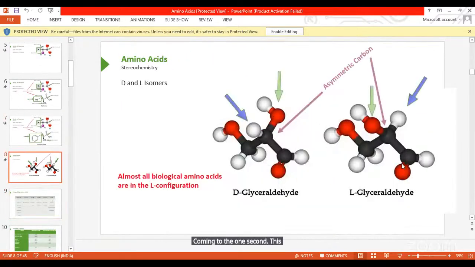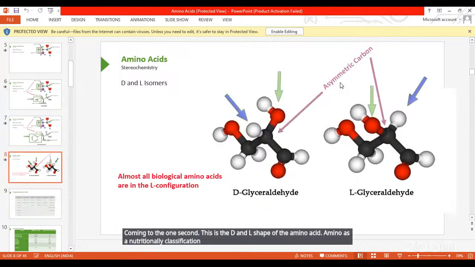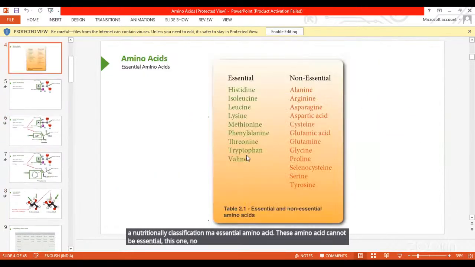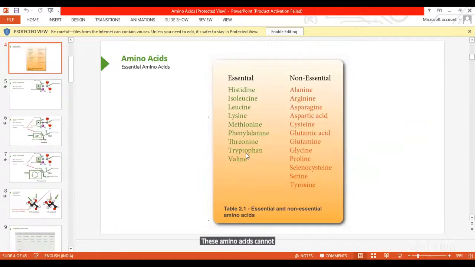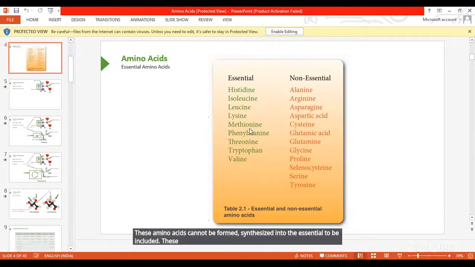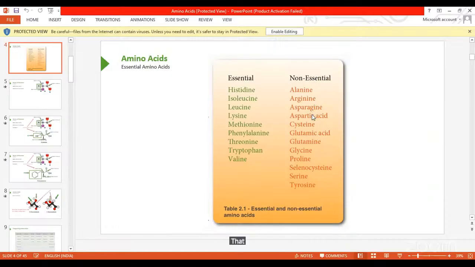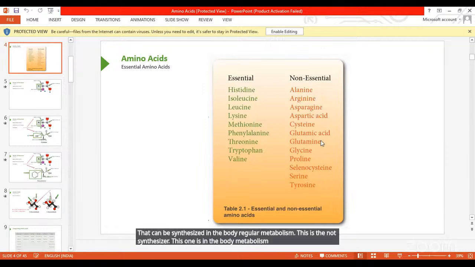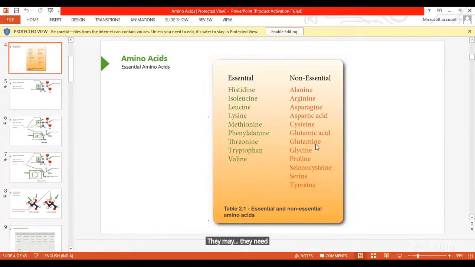This is the D and L shape of the amino acid. Nutritional classification: essential amino acids cannot be synthesized in the body, so they must be included in the diet. Non-essential amino acids can be synthesized in the body through regular metabolism, in enough amounts, so they need not be included in the diet.